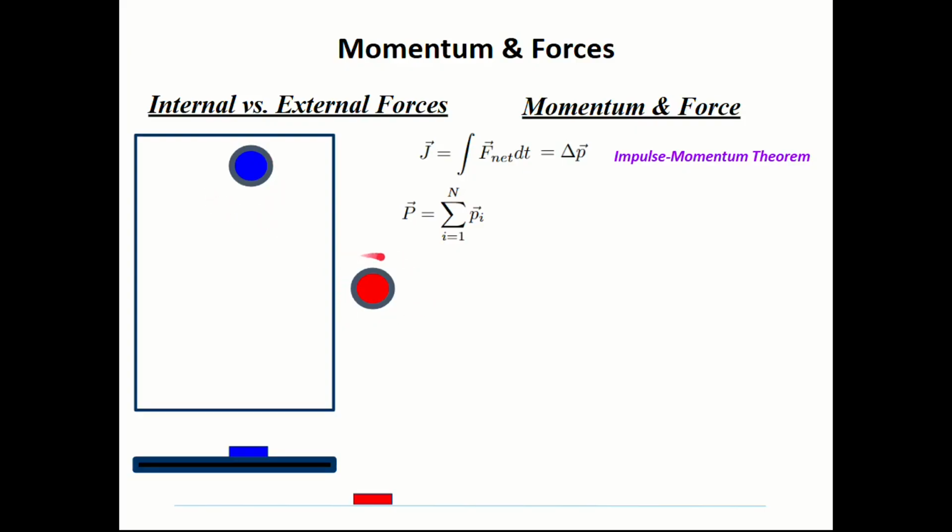Let's say I call this red puck 1 and this blue puck 2. Those two pucks are represented by this summation, so the momentums are captured by the summation and you get the total momentum. This is effectively just saying that the total momentum, capital P, is equal to p1 plus p2.